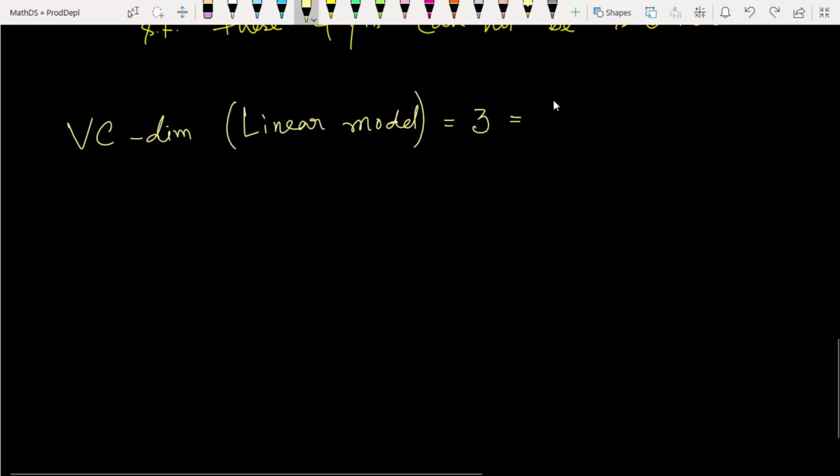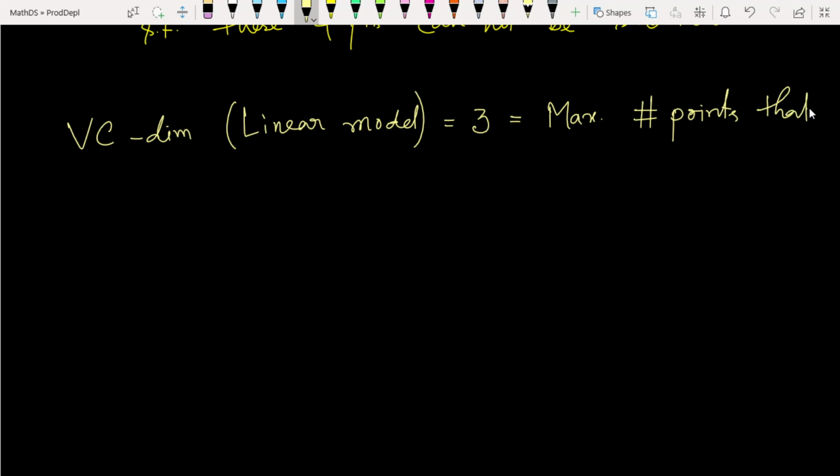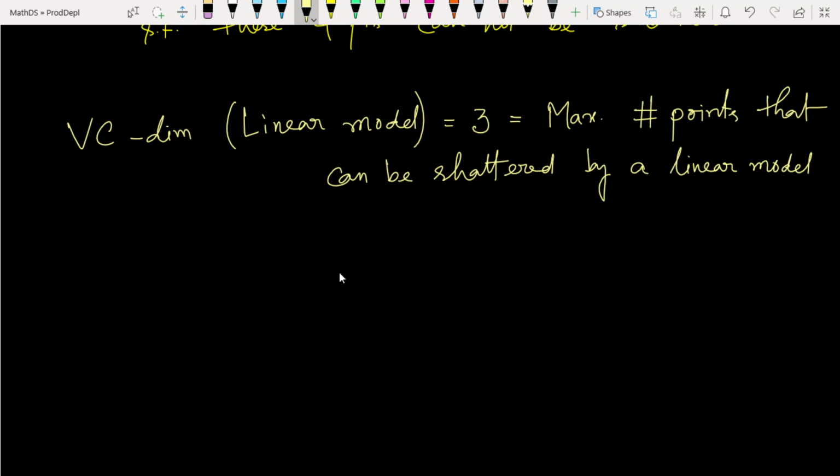So the definition is: the maximum number of points that can be shattered by a linear model for all possible configurations.